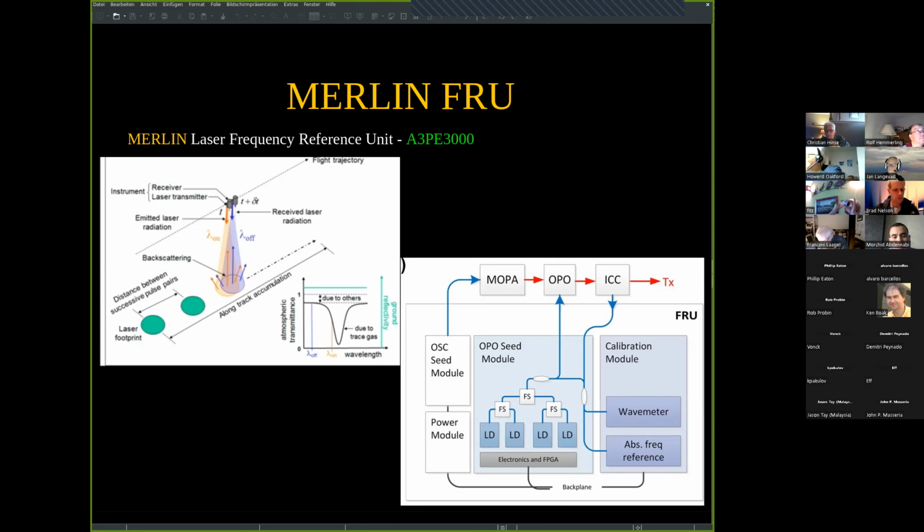It stabilized the laser frequencies to produce these two frequencies, and these 10 milliwatt signals were then used by a high energy laser system that is pumped, where the laser signal runs in a circle until one of the mirrors is switched off and the laser beam is released from running around.